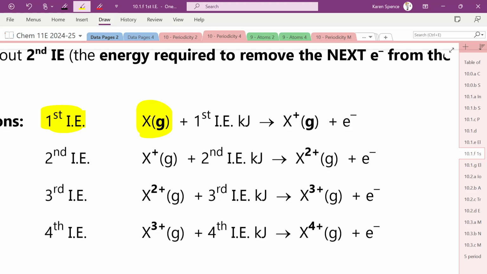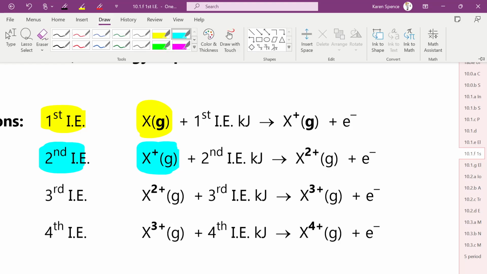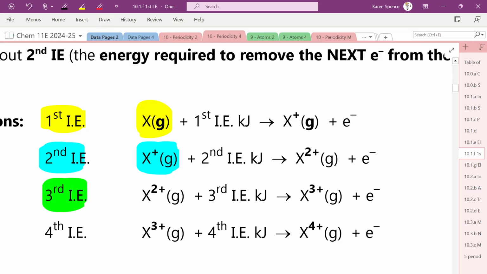When we have our second ionization energy, we start with a +1 and we end up with a +2. When we get to our third ionization energy, we're starting with a +2 and going to a +3.